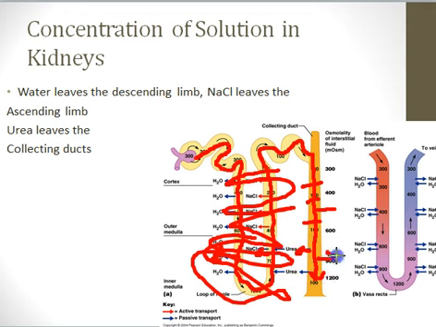Water will leave and go back into those peritubular capillaries, into the systemic circulation, and cause an increase in blood pressure. That's the whole purpose of aquaporin, to reabsorb that water and put it back into the systemic circulation so we can increase pressure in the circulation.